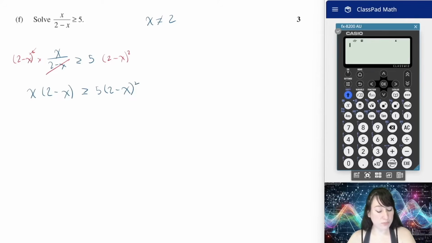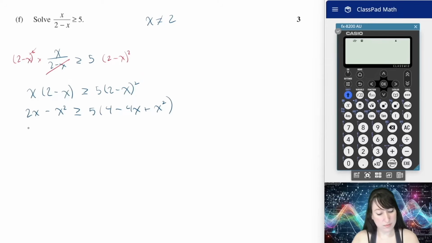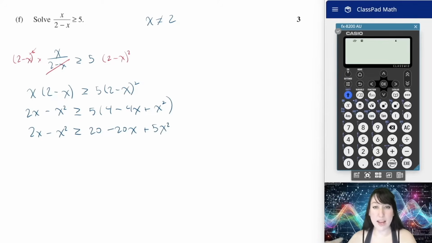Now what we have to do is expand both sides. Then we get everything on one side. I'd rather be working with a positive x squared coefficient. So let's move these to the right-hand side.